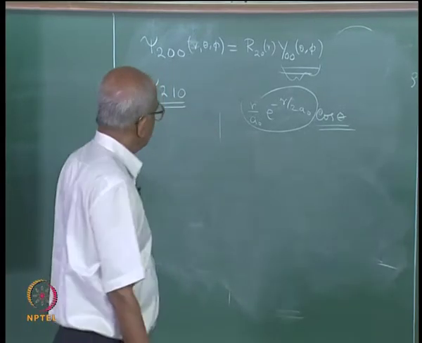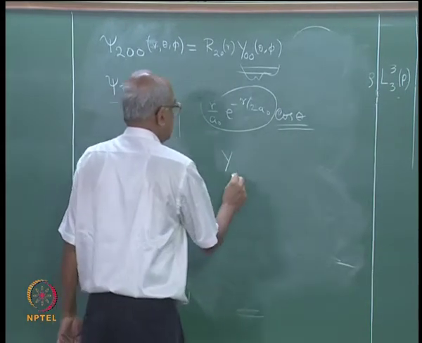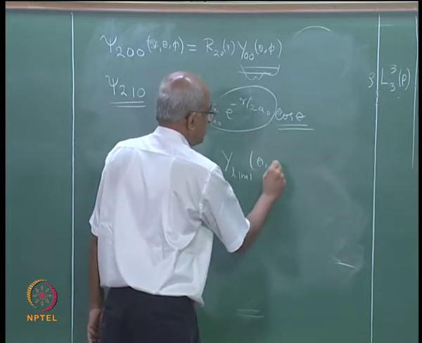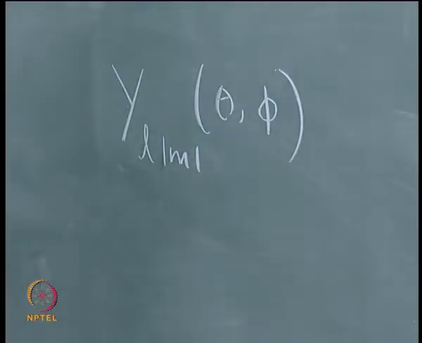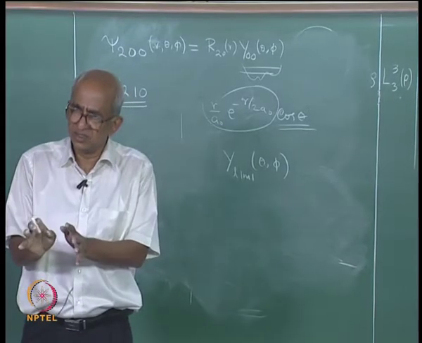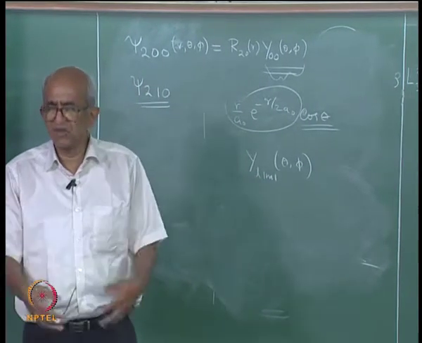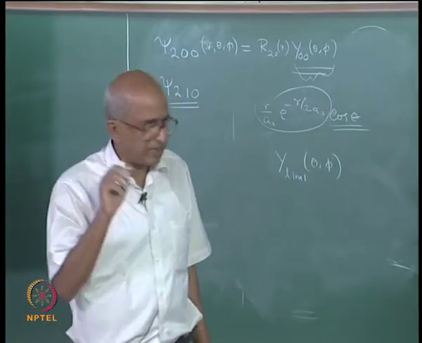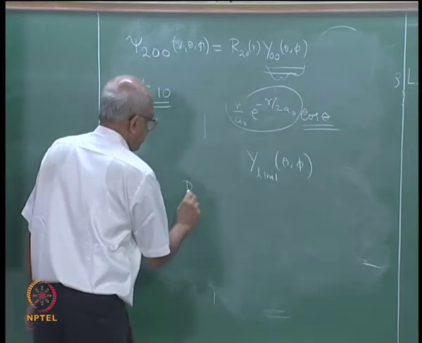In general, I will have Y L m theta phi. This is the angle dependent part. In the earlier case, this angle dependent part was just a constant, but now we have some function and I want to understand its behavior. How will I do it? The method that I am going to adopt is referred to as making a polar plot of the function.